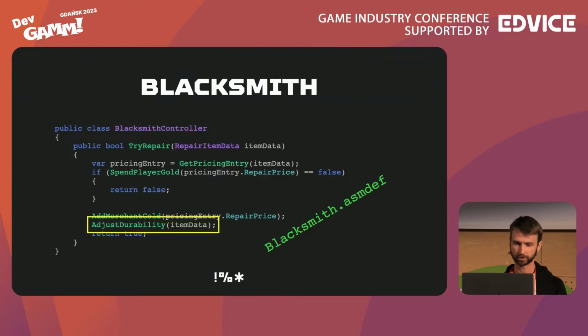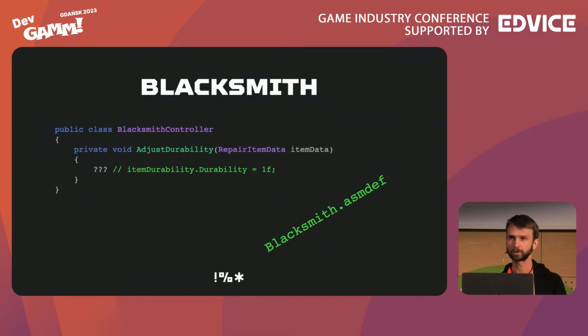Okay, let's check another method, the adjust durability one. So we would like to access the durability of our item data class. And we could just introduce this into our twin sister, the repair item data class. But we have no guarantee that it will be passed by reference.